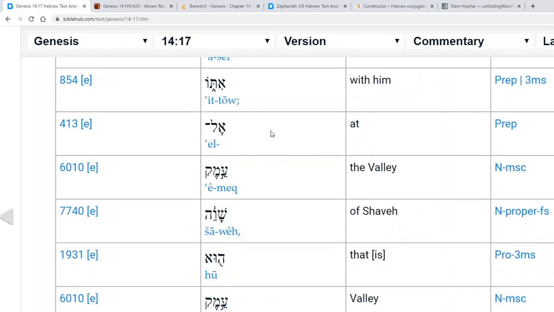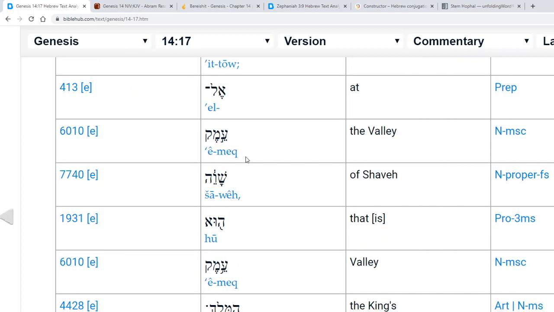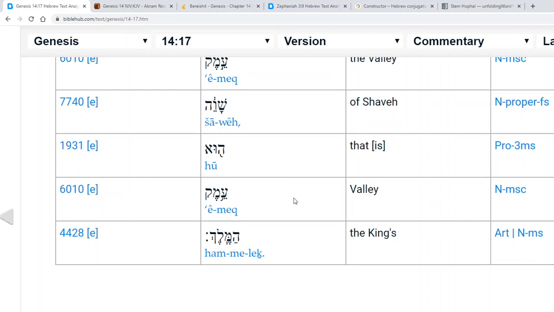El is the preposition with the aleph. Emek is a valley. Shaveh, so could be the name, but shaveh also means equal to. Who, so this is the third person masculine singular pronoun being used as a verb, right? Who emek, which is the valley, ha melech, of the king, right?